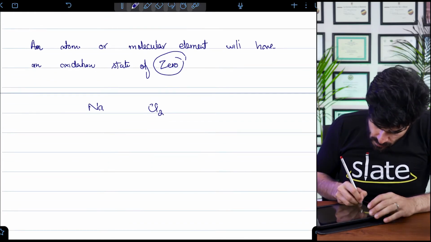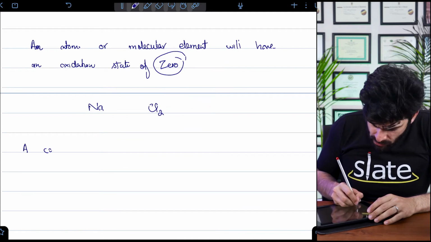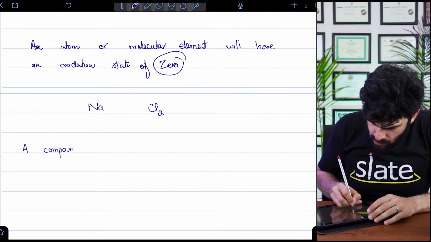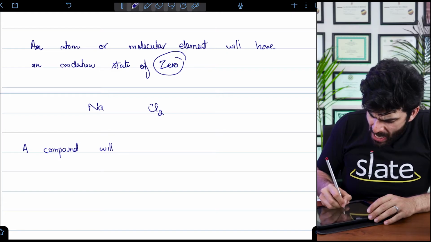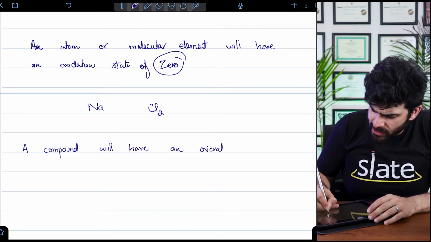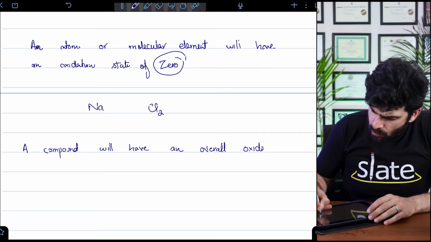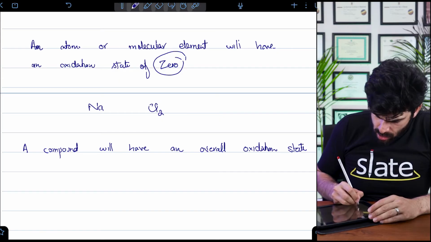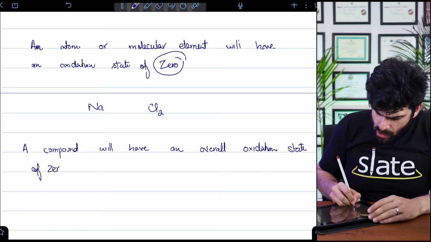But a compound will have an overall oxidation state or oxidation number of 0.